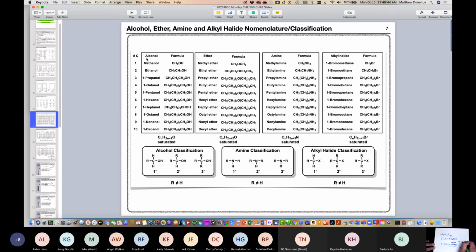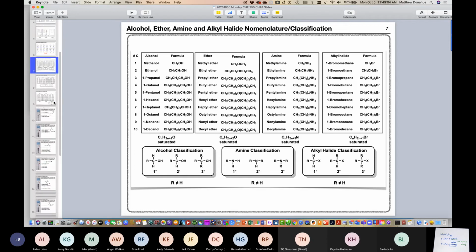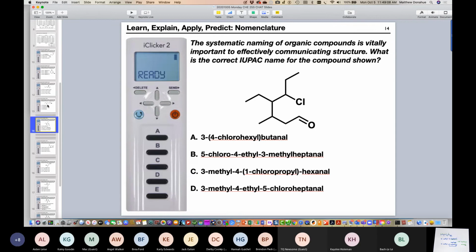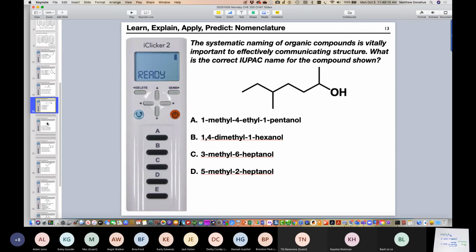So we know OH as hydroxyl. When it becomes the parent, it's an alcohol, and that's where we get the OL. Any questions on the alcohol?